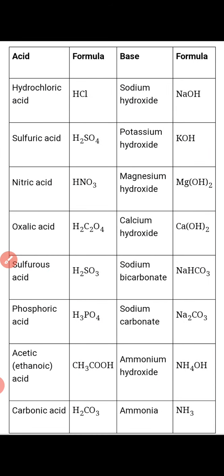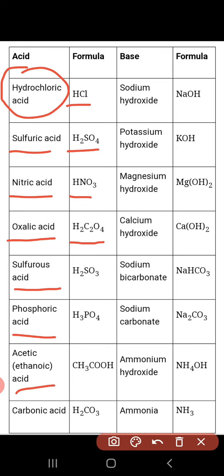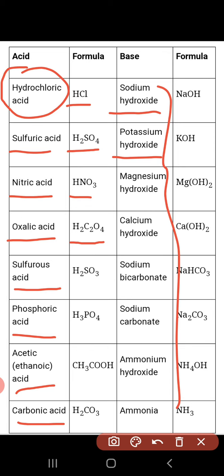First of all, here are some basic acids and some basic bases. So, common acids and common bases. List of common acids: hydrochloric acid HCl, sulfuric acid H2SO4, nitric acid HNO3, oxalic acid H2C2O4, sulfurous acid H2SO3, phosphoric acid H3PO4, acetic acid CH3COOH, carbonic acid H2CO3. Now here are some bases: sodium hydroxide, potassium hydroxide, magnesium hydroxide, calcium hydroxide, sodium bicarbonate, sodium carbonate, ammonium hydroxide and ammonia.